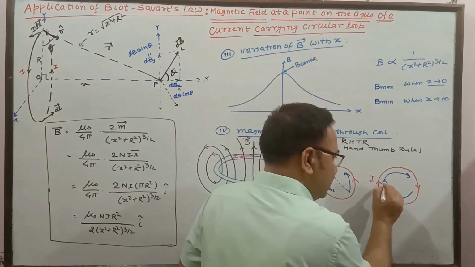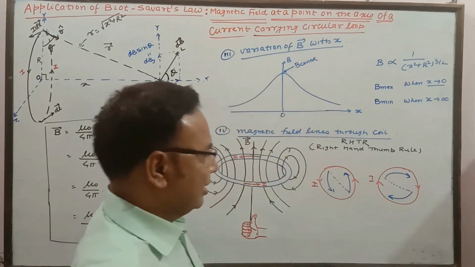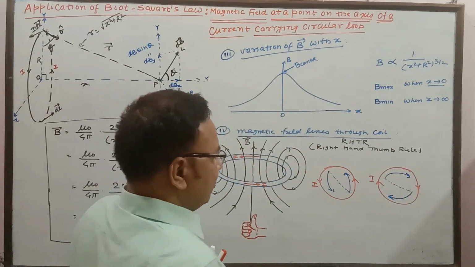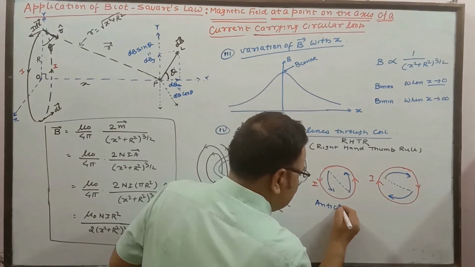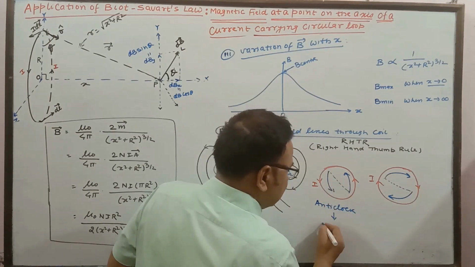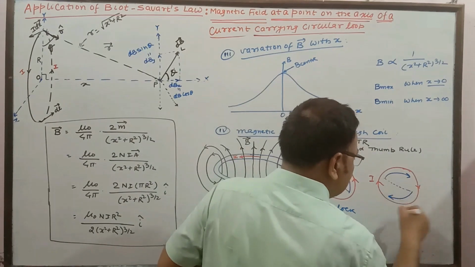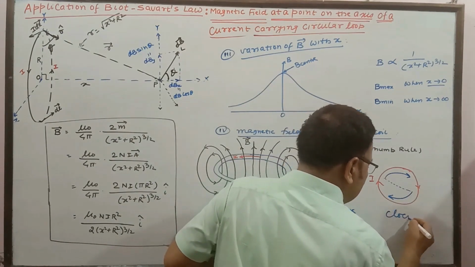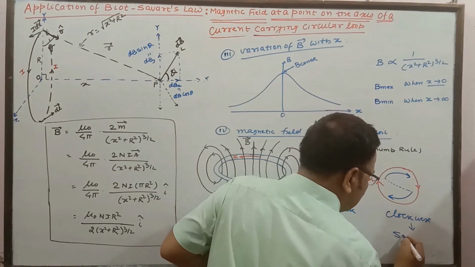If you join these two, what you see? This seems to be S. S means south pole. So whenever there is anti-clockwise direction of current, it is north, and when it is clockwise, this is behaving like south.